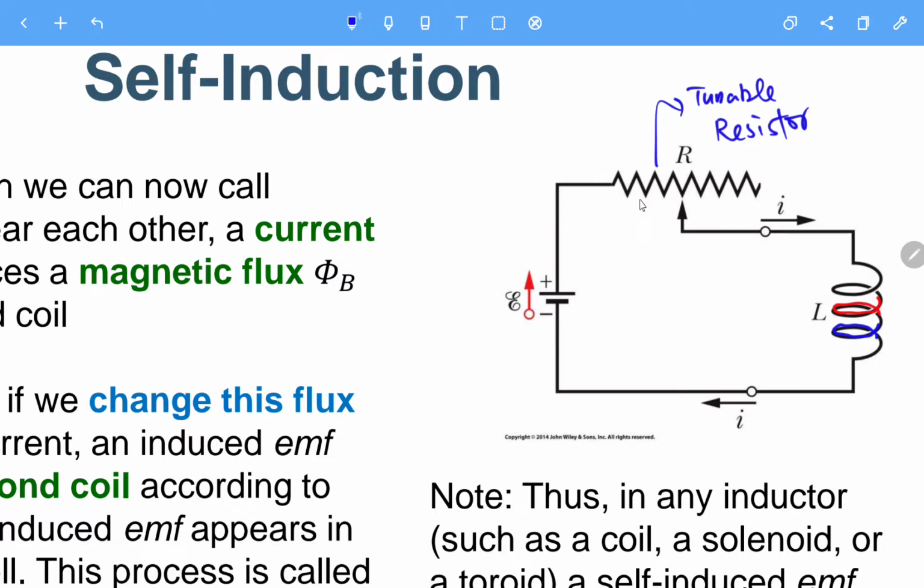Actually, in the lab section, you will have a tunable resistor like this, long, and you will need to do a lot of sliding there. So this is a tunable resistor, which means that you can control the current going through here, because this is E, a DC battery, and you can consider the whole resistance over this path.